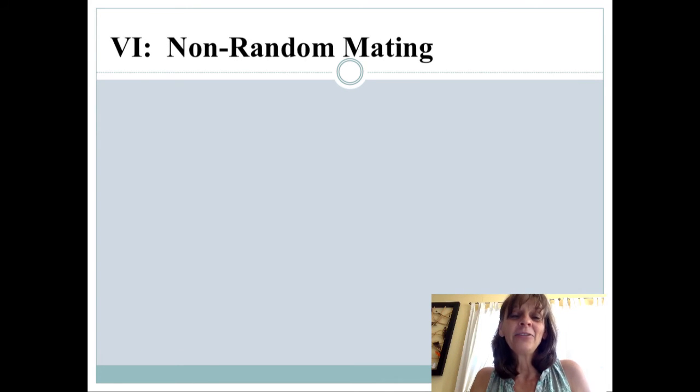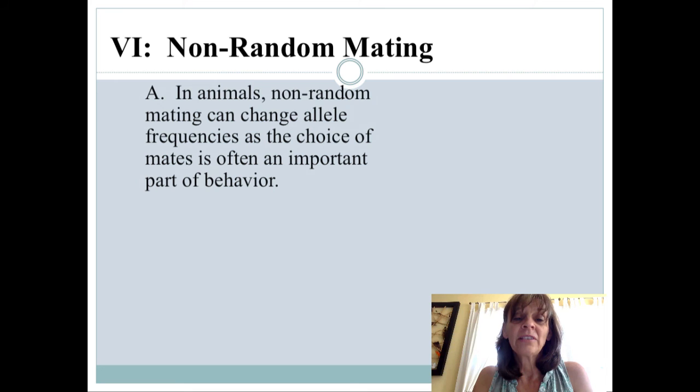All right. Another source of variation is non-random mating. So this is a way of doing natural selection, but within the population. So in animals, non-random mating can change the allele frequencies, as the choice of mate is an important part of behavior.